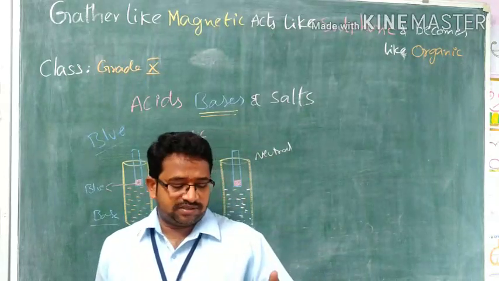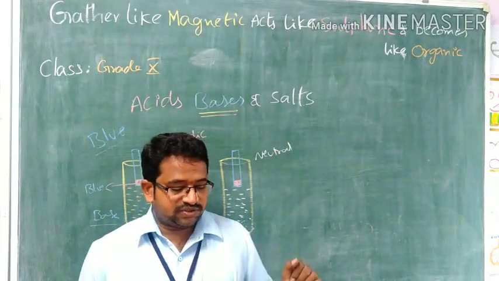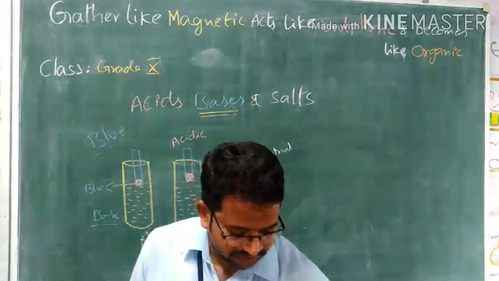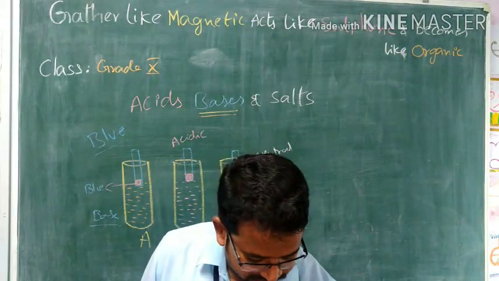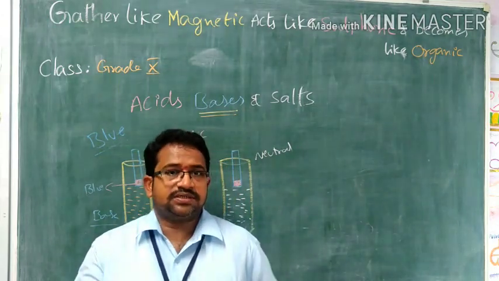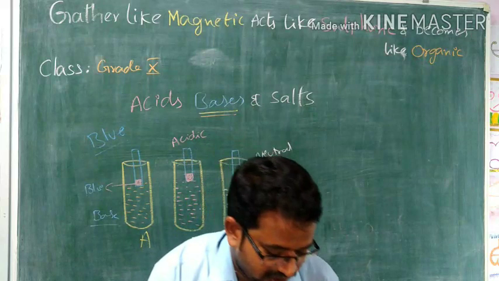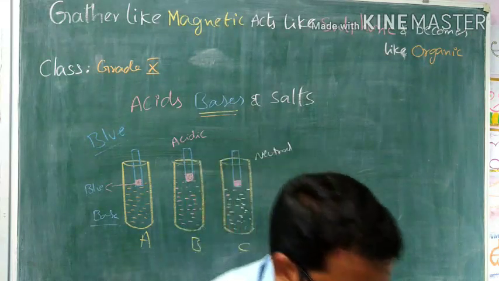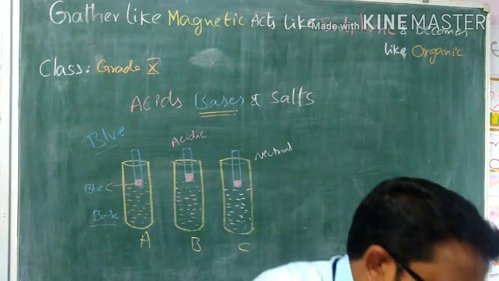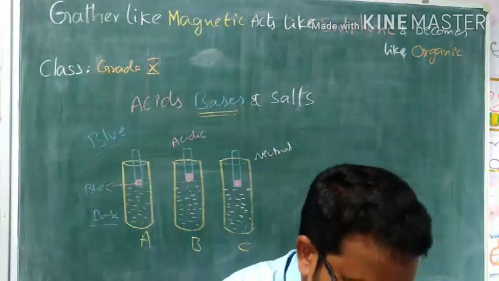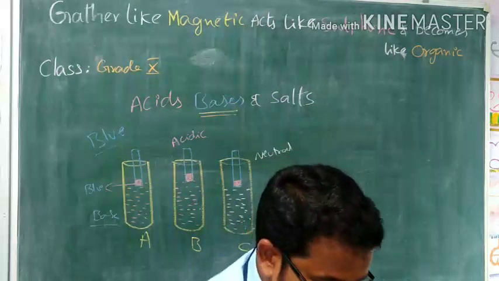Just to identify the nature of the solution, whether it is acidic or basic. For that purpose, here we are having the apparatus, 3 test tubes, and 3 different solutions. We don't know the nature also.